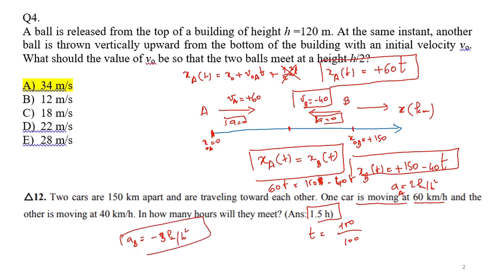Where will they meet? They will meet here. Now, if I ask you this, at which time will they meet? Since I got the time, I just plug it in either this equation or the other one, and I will find where they will meet.